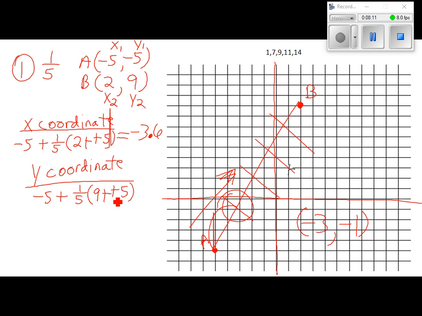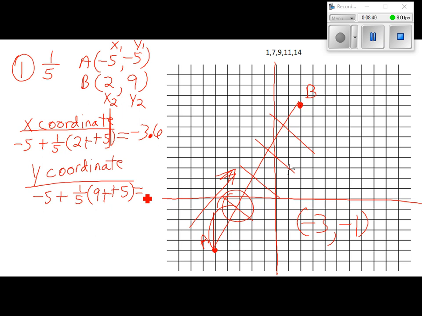Plus, plus. Again, one more time, I'll tell you how to put it in your calculator: -5 plus 1 divided by 5, parenthesis, 9 plus 5, close the parenthesis.